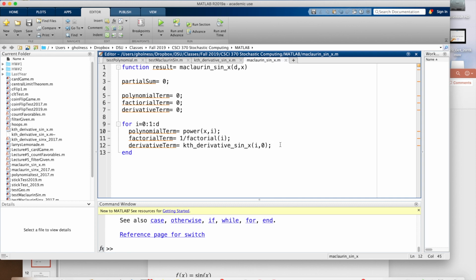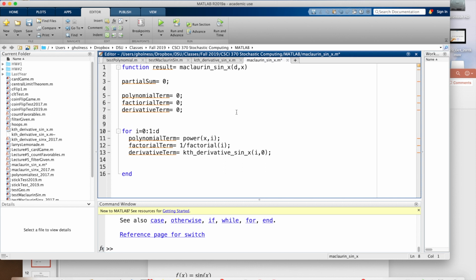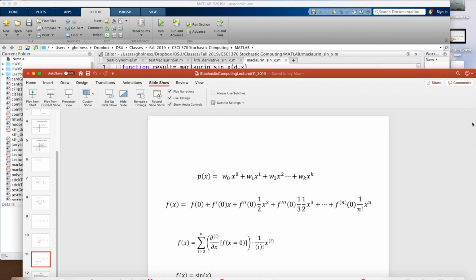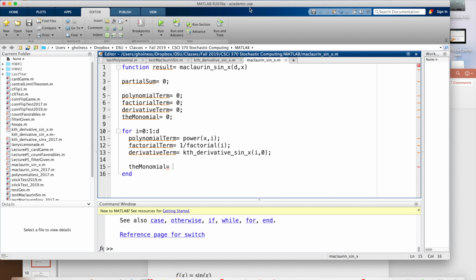and then I'm going to multiply these together. So I'm going to say monomial is equal to derivative term times factorial term times polynomial term, to make it match the other one.